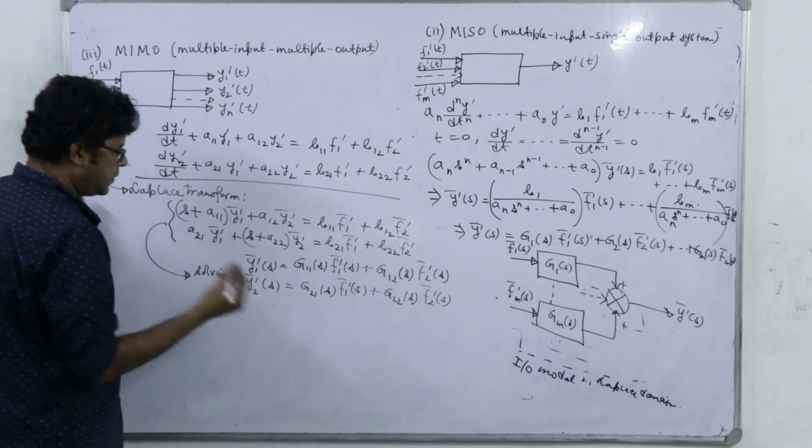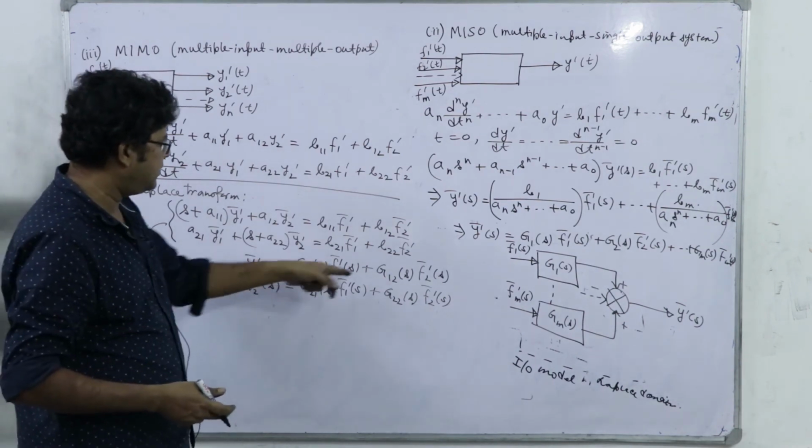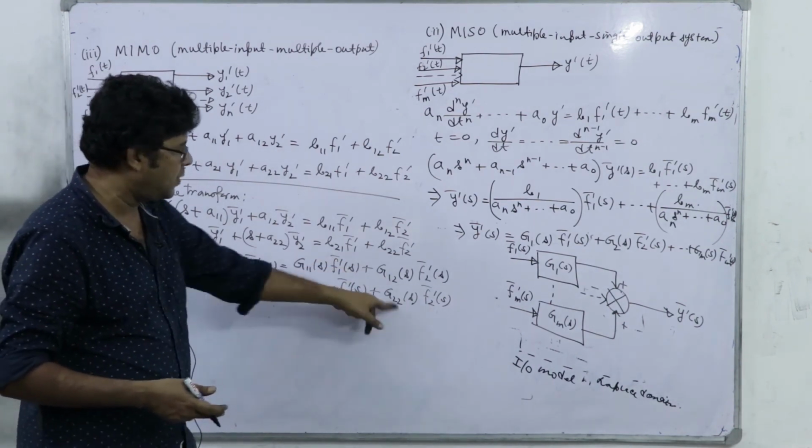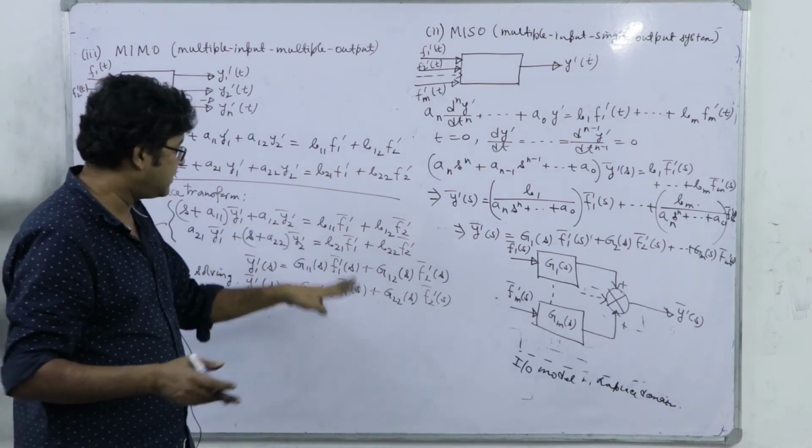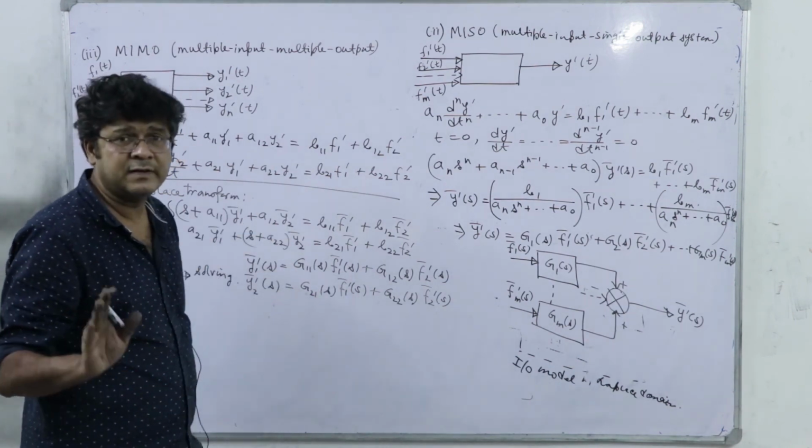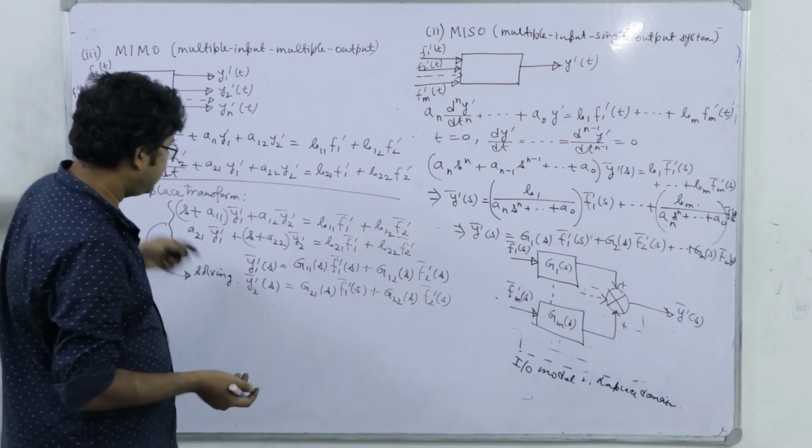So the respective g11, g12, g21, g22 we can solve and get. That's not important because we are discussing a general structure.